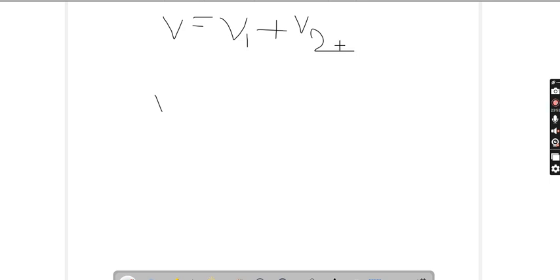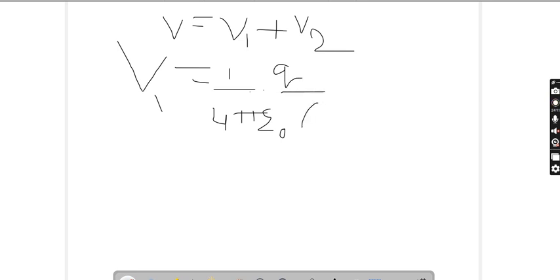Am I right or not? Now V will become 1 divided by 4 pi epsilon naught into positive charge Q divided by R1 plus 1 divided by 4 pi epsilon naught into minus Q divided by R2.